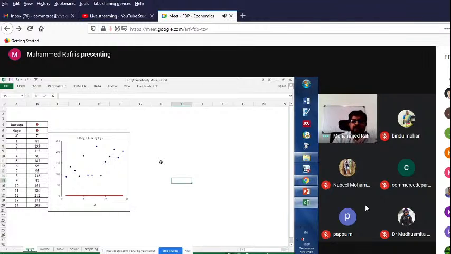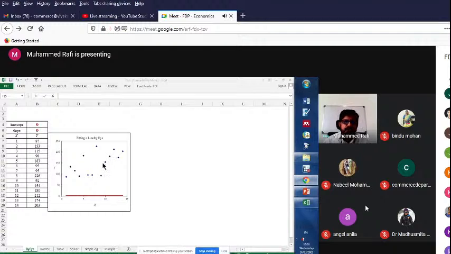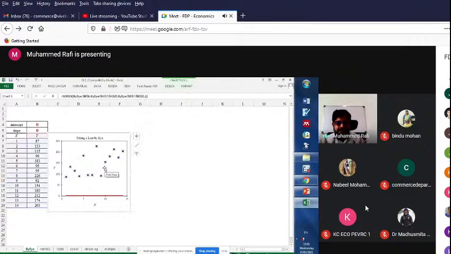Now here, in this Excel, you can see that there is data for two variables, x and y. X is the independent variable and y is the dependent variable. And you can see the plot of the relationship between these two variables. These scatter plots tell you about the relationship.